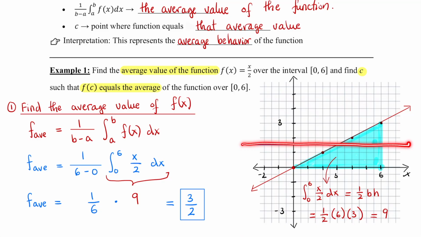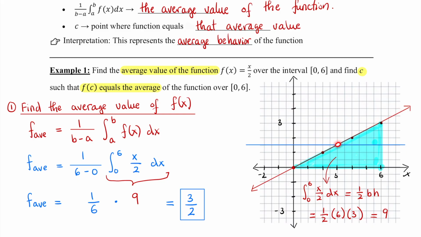The next question is, we want to find the value c where the function value at x equals c is 3 over 2. So this is the average function value, 3 over 2. And we want to find the c value where f of c equals 3 over 2. So this is f of x, and this intersects 3 over 2 at this point.